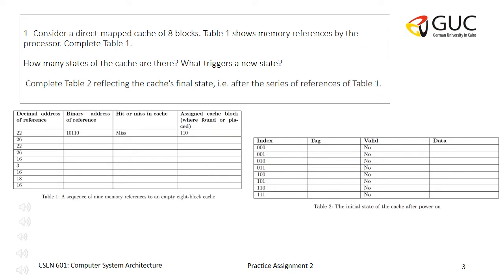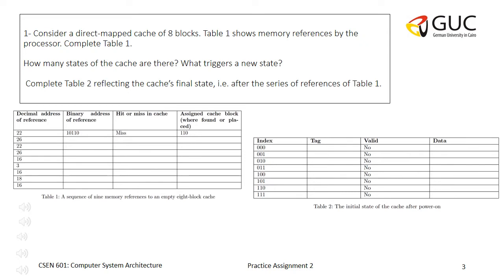So again, why do we need to map between the main memory and the cache? Because the main memory is very big compared to the size of the cache, and we want the processor to deal with the cache and access it instead of accessing the memory. So if I want a certain address from the memory, I request it from the cache, and the cache should have it.